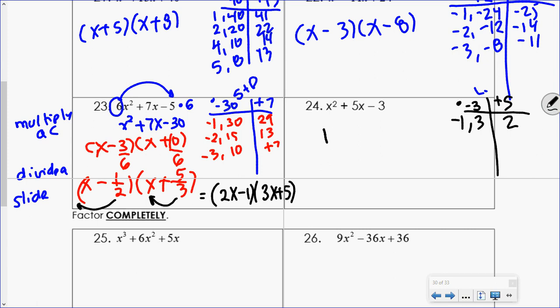So this is prime. The answer is there are no rational roots. Okay?